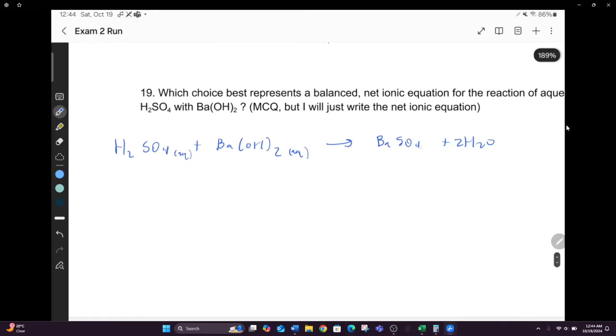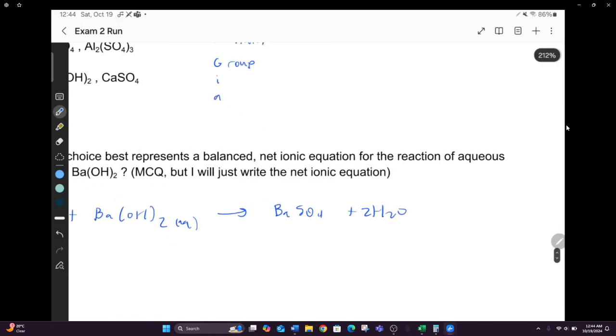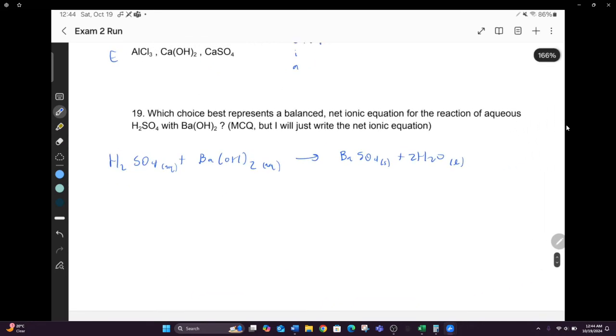And then remember BaSO4, we're going to think about that. Is it within our solubility rules? Sulfates with a Ba are insoluble, so it's going to be a solid, and our H2O is a liquid. So all of these are going to be part of our net ionic equation because it's forming a solid or a liquid. So we turn all of the aqueous ones into ions: 2H plus, SO4 2 minus.